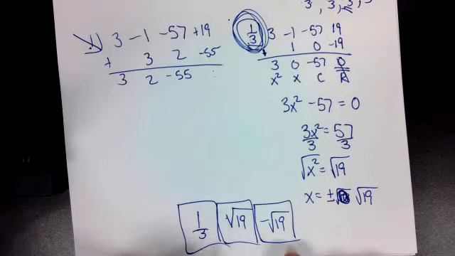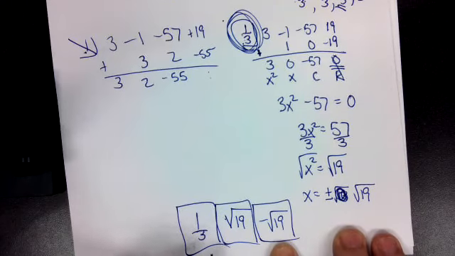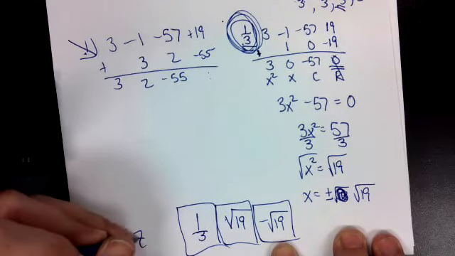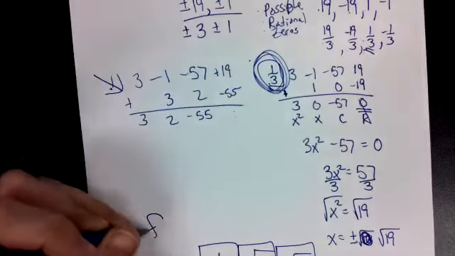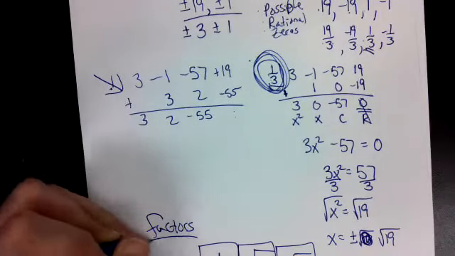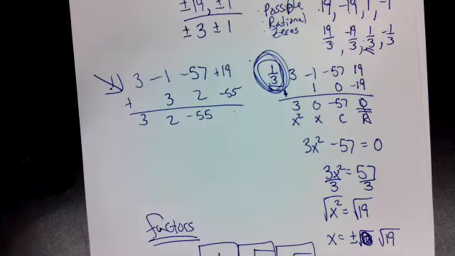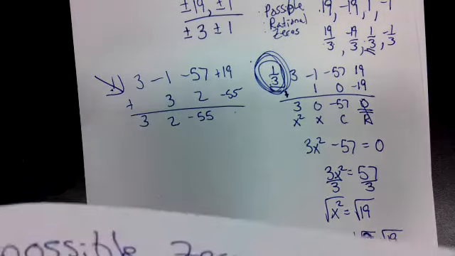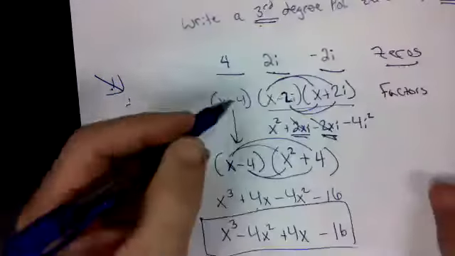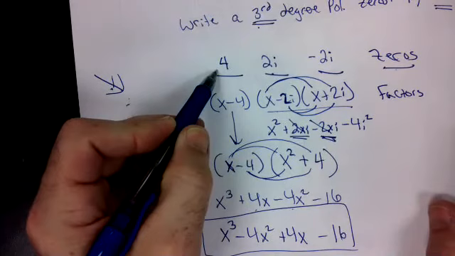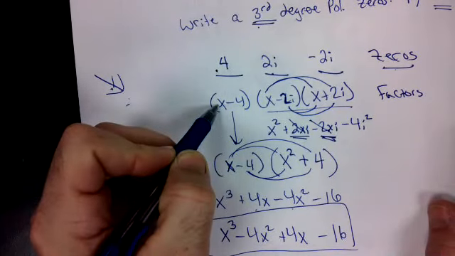I can also tell you that it might ask you for something else. So again, if these are the zeros, sometimes it'll ask you for the factors. It's exactly what we did before, kind of in the whole working backwards thing. If my 0 was 4, my factor is x minus 4.